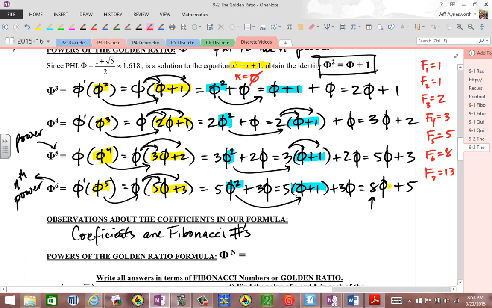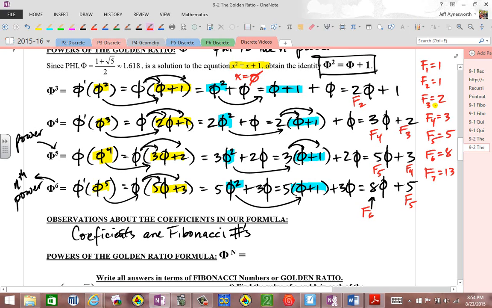So 8 here, oh my gosh, that's F6. And 5 here, that's F5. And this one is F5. And this is the fourth one. And right here, this is the fourth one. And this is the third one. Look, F3 is 2. And this is the second one. And this is, well, the first one. So F1.